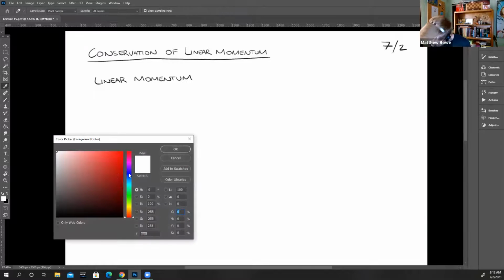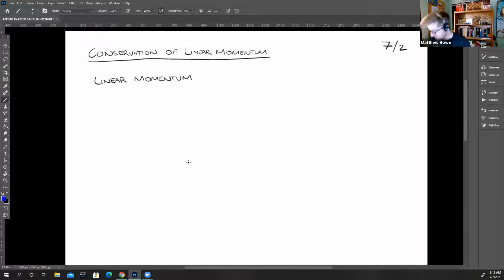Let me first, before that, pick a color. We'll say blue. The equation for momentum is just momentum is labeled with a variable p, and that is equal to the mass of an object times the object's velocity. Momentum is a vector, so it's important which direction it's going.